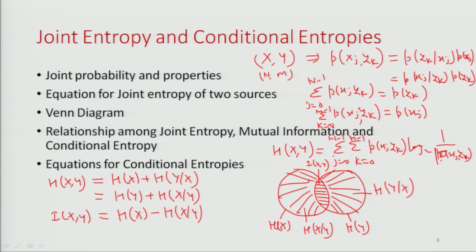So I(X;Y) equals H(X) minus H(X given Y). From the Y side, this is H(Y) minus H(Y given X), so the common part I(X;Y) can be given by this. This is the relationship.